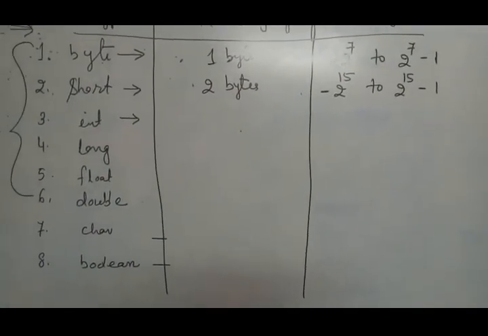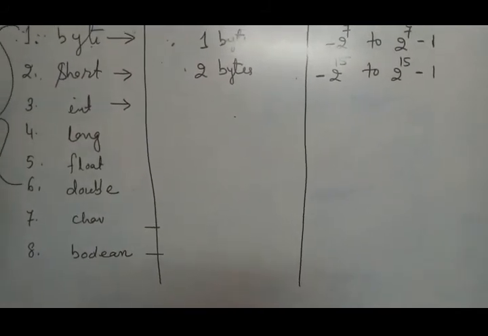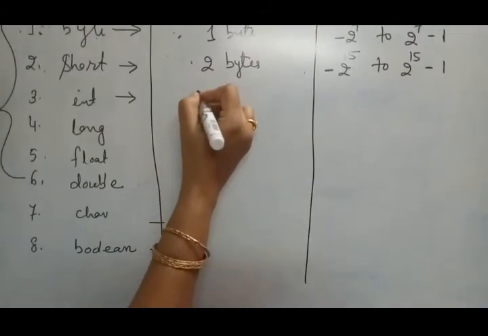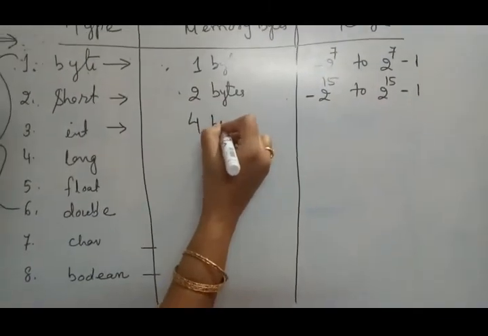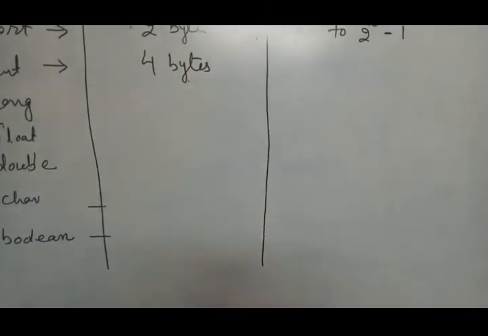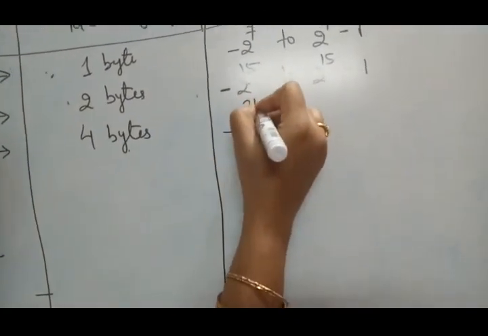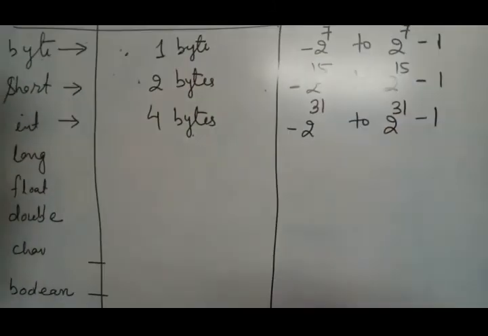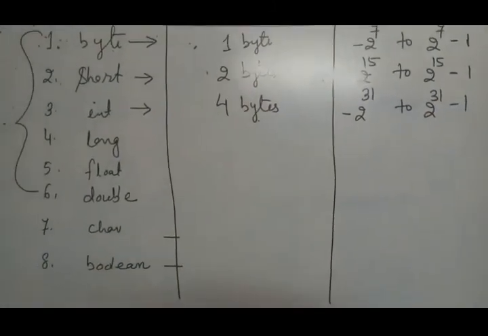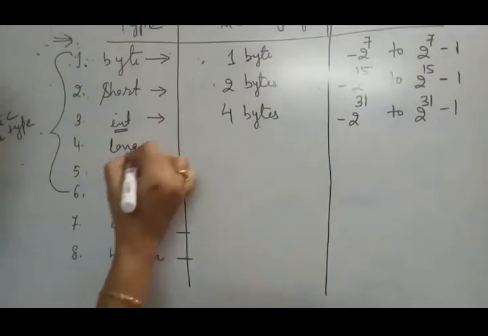Now this is Java's default data type to store an integer number, and the number of bytes it needs in memory is 4, and its range is -2 to the power 31 to 2 to the power 31 minus 1. Okay, this is the default data type of Java to store an integer.